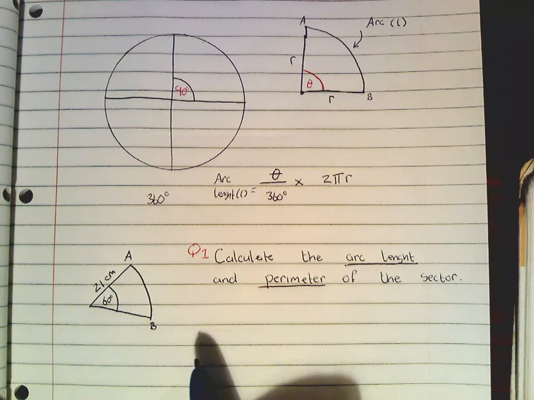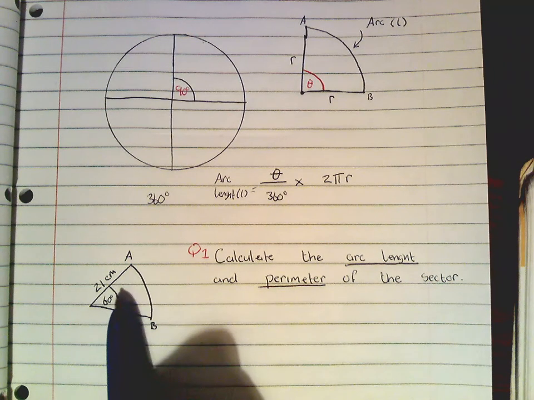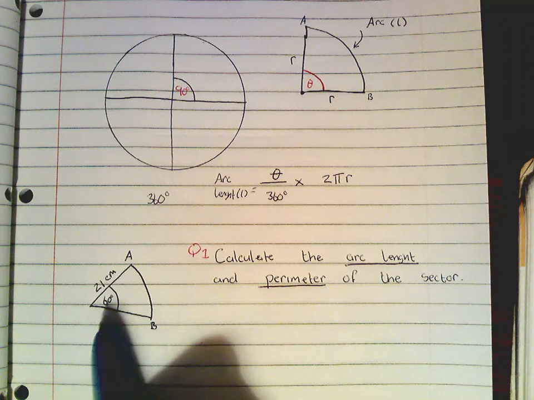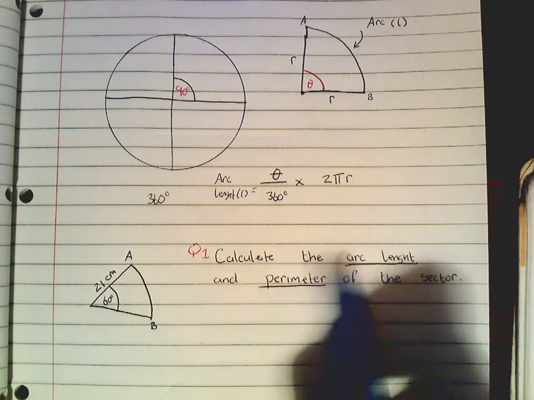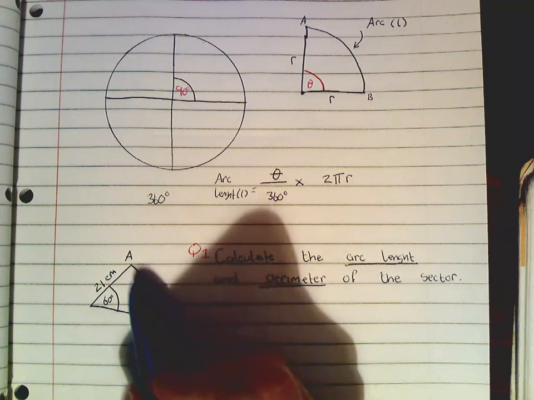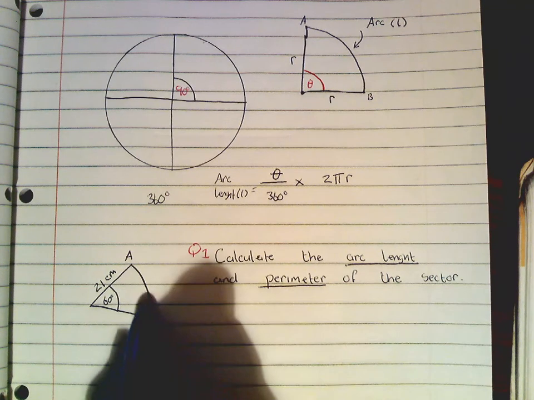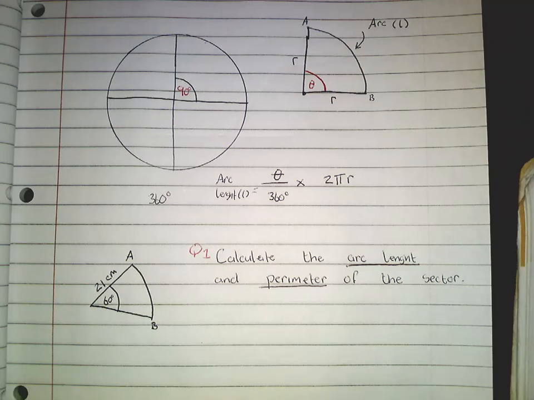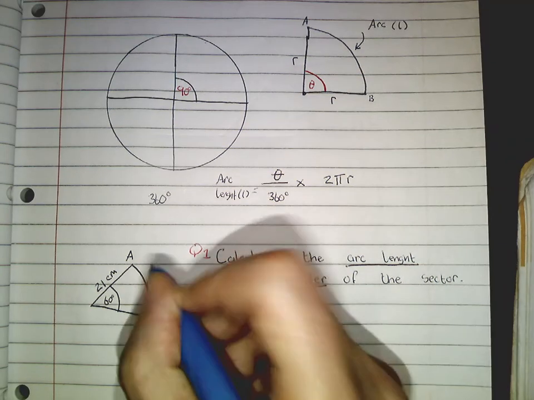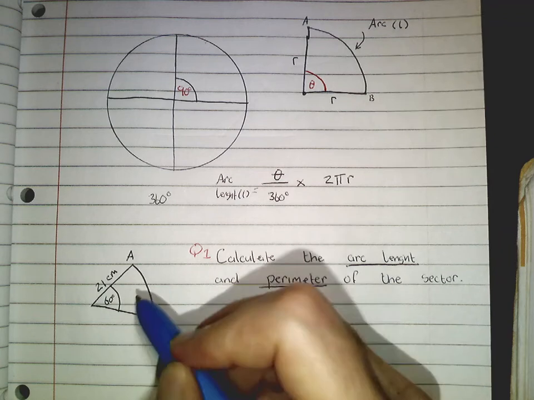So if we look at an example question, we have a sector here. This is our sector, and what we've been asked to do is first calculate the arc length. So the arc length is just going to be this bit here.